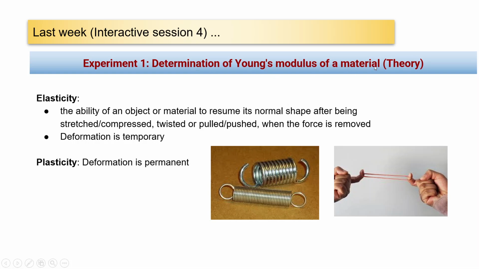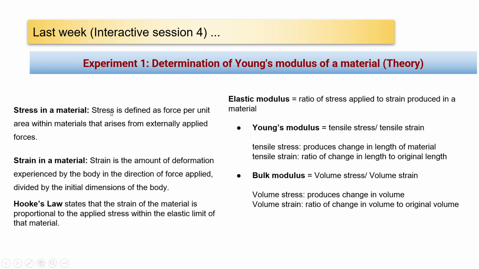We discussed what is elasticity and plasticity of a material, what is stress and strain, and from Hooke's law how we define the elastic modulus for any given material, which is the ratio of stress applied to the strain produced in a material.